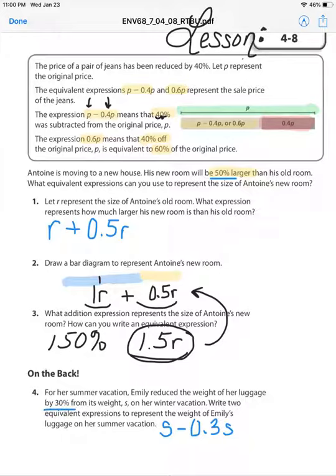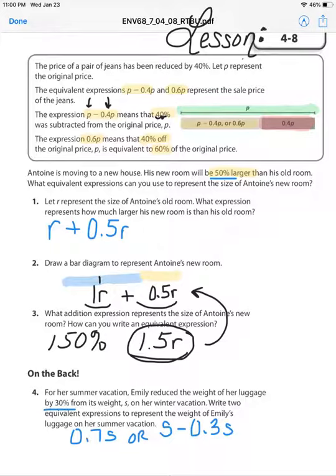We can also say if she is reducing it by 30%, what percent will it be? Well, 100% minus 30% is 70%. So we could also write this as 70%, which is 0.7S.